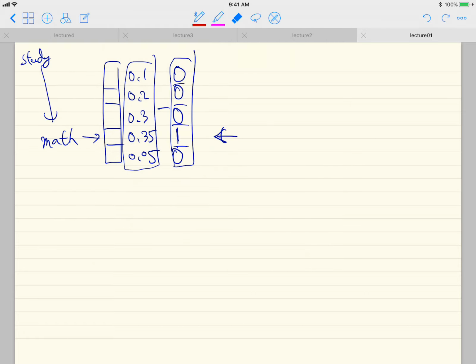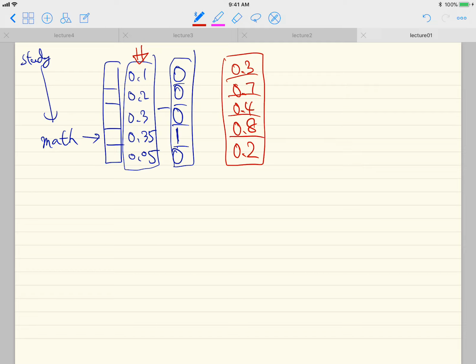But in the case of the sigmoid or negative sampling, we actually use the sigmoid individually on each of our output nodes, right? Suppose the output was like 0.3, 0.7, 0.4, 0.8, maybe 0.2. Of course, each of these outputs is a sigmoid output, and thus ranges from 0 to 1, but they are not summing up to 1, right?